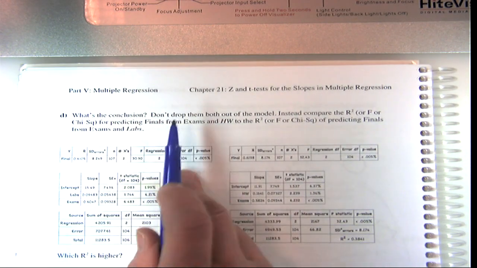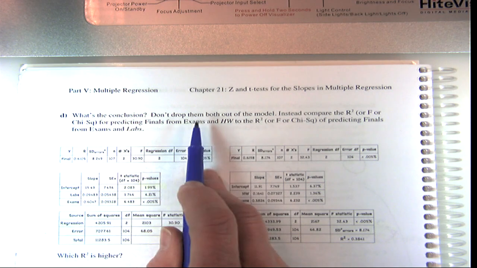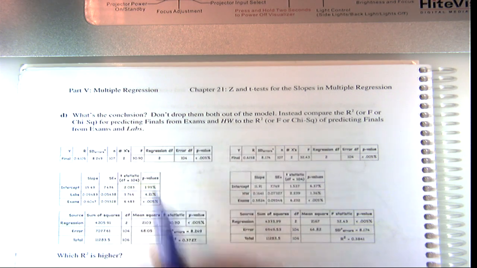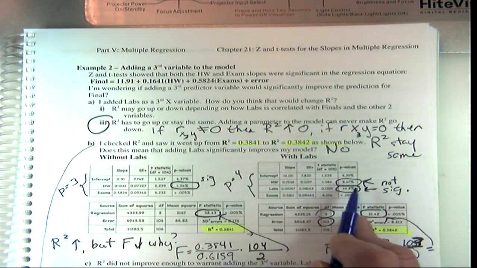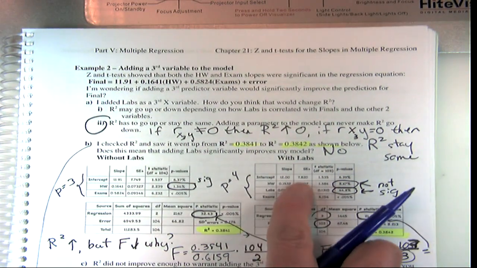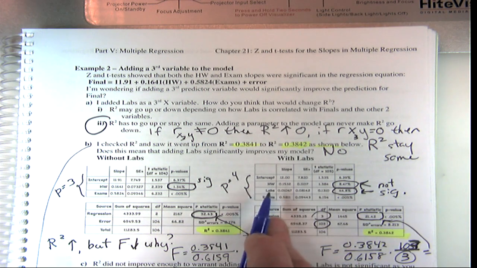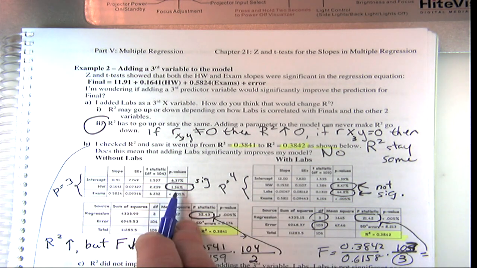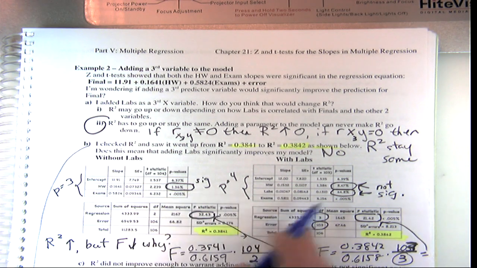Our conclusion from the previous page was we don't want to drop both homework and labs out of the model, even though they became non-significant when we added labs. For one thing, we knew that homework was significant before we added labs.